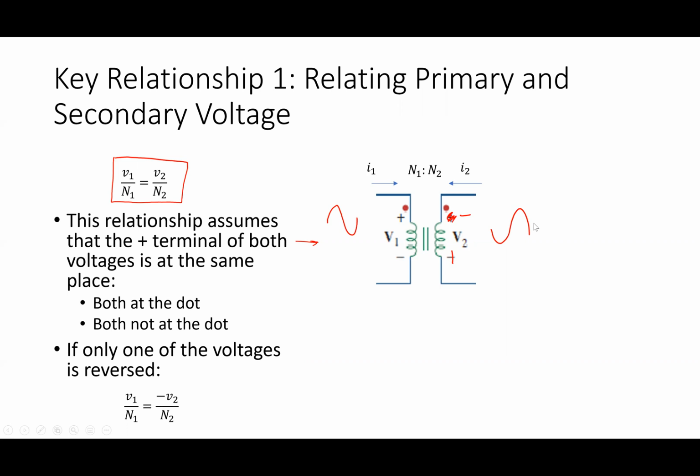What's that instantaneous positive terminal do? Isn't that little red dot an instantaneous positive terminal? No, the red dot is just a red dot. The red dot tells me, whenever I have my plus sign, the polarity of these things.